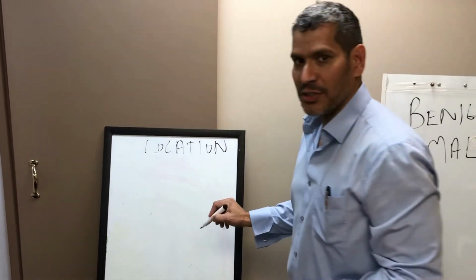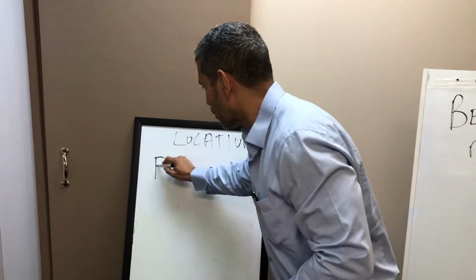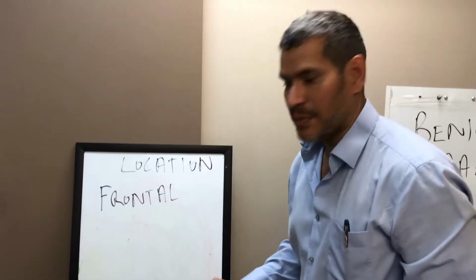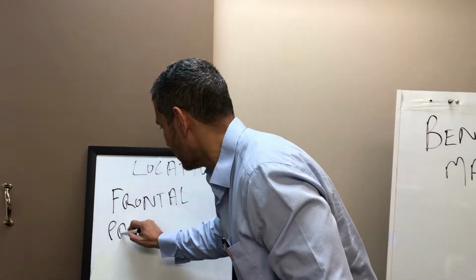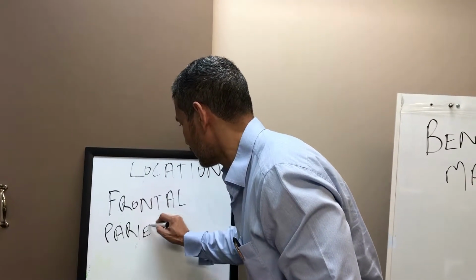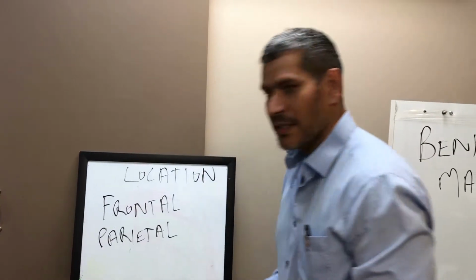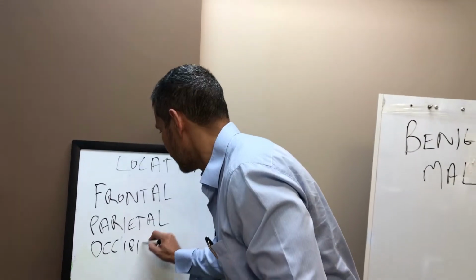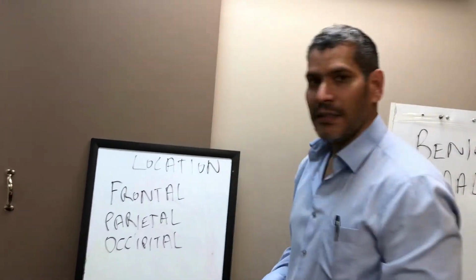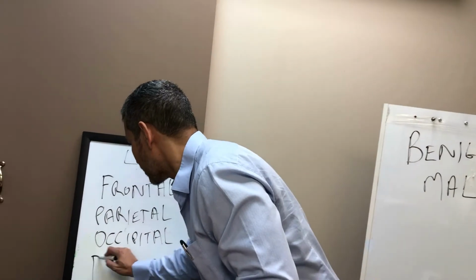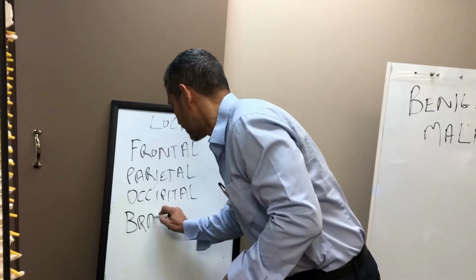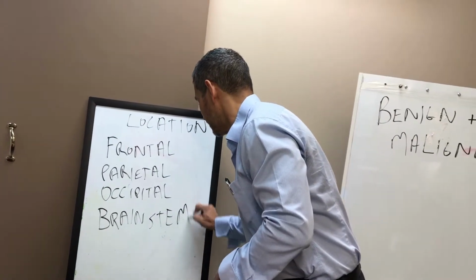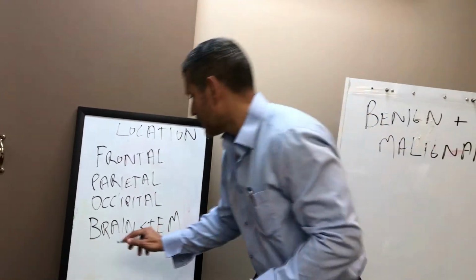They can be in the frontal lobe, the parietal lobe, the occipital lobe, the brainstem, and the cerebellum.